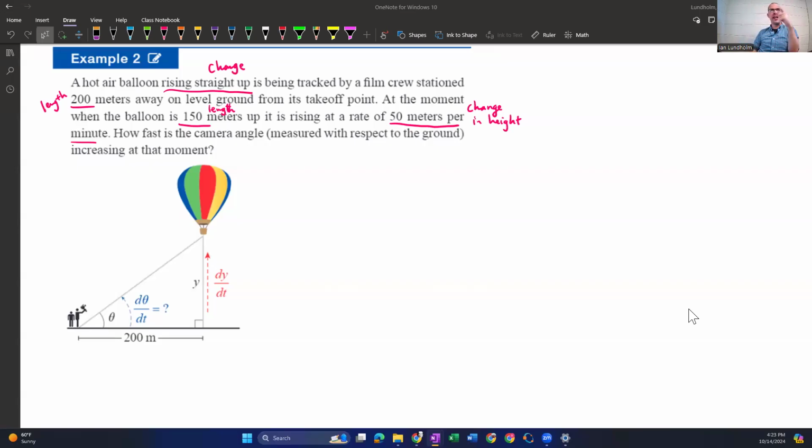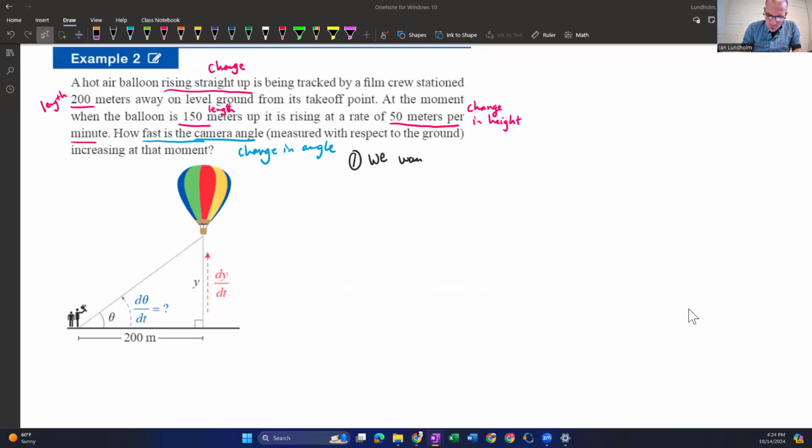The last question is how fast is the camera angle increasing at that moment? So here we are looking at rate of change in angle. Do we know any equations that relate lengths in a right triangle? I guess maybe just writing this out once.